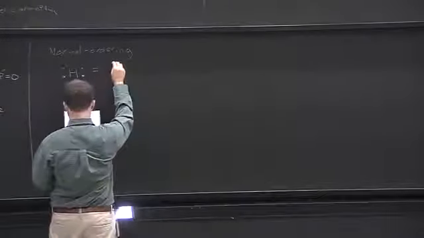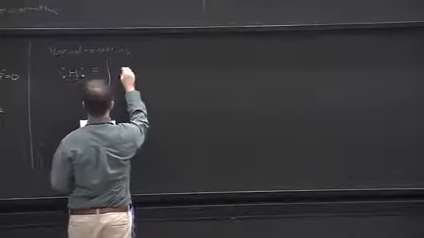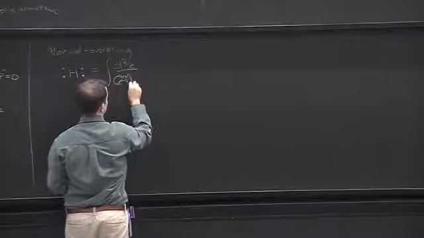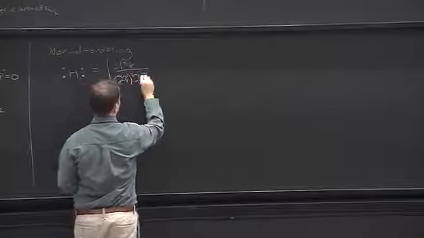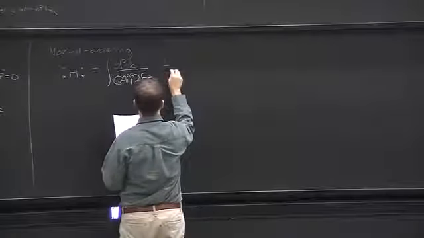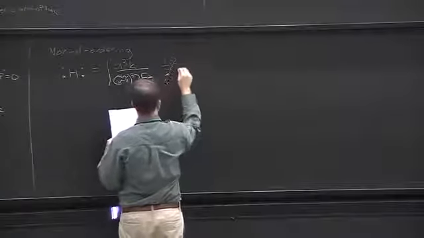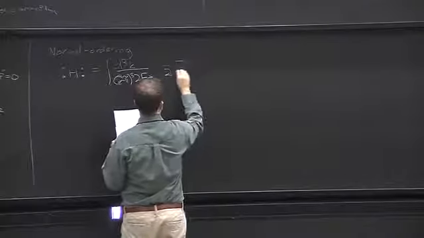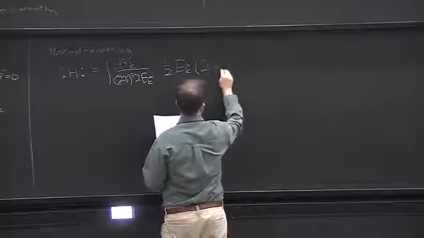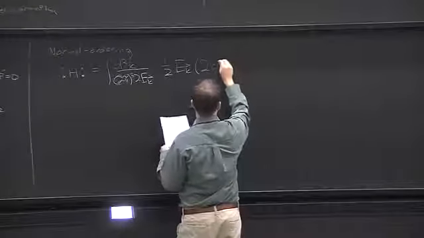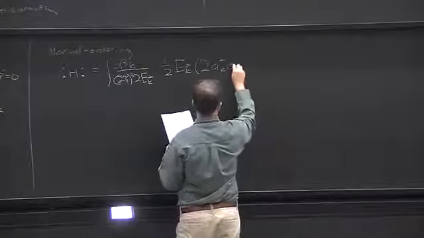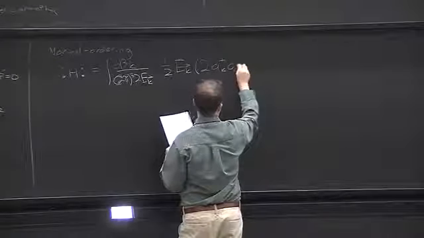And the normal ordered Hamiltonian will just be our original Hamiltonian, but by hand, we'll move all of the creation operators to the left and the annihilation operators to the right.